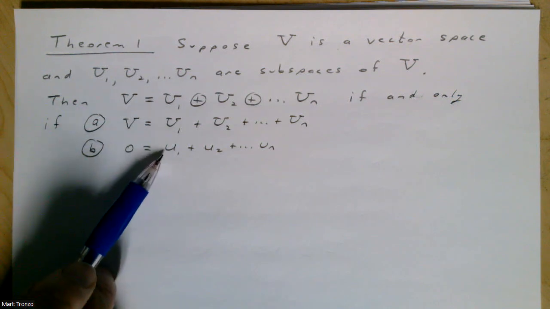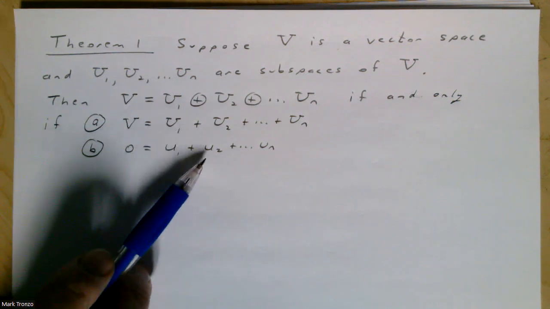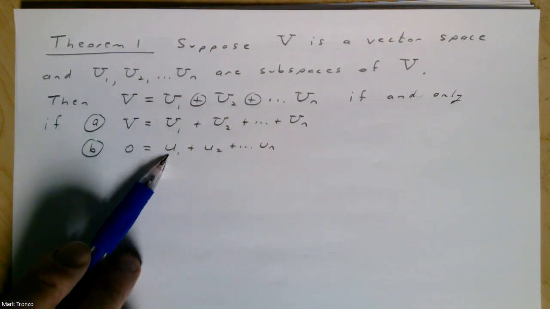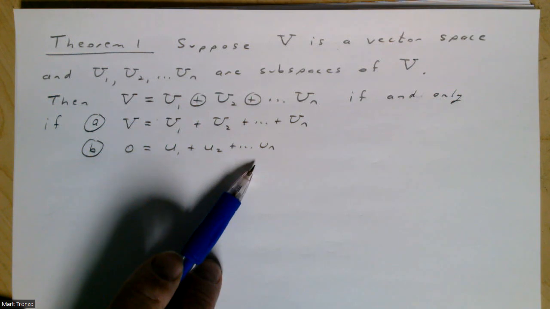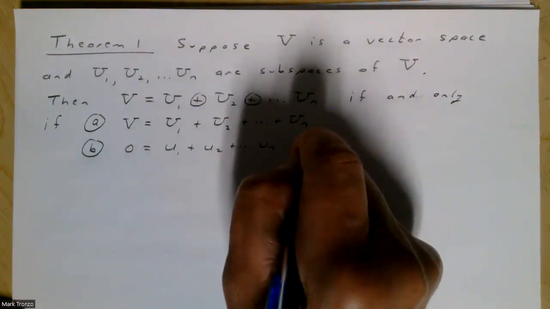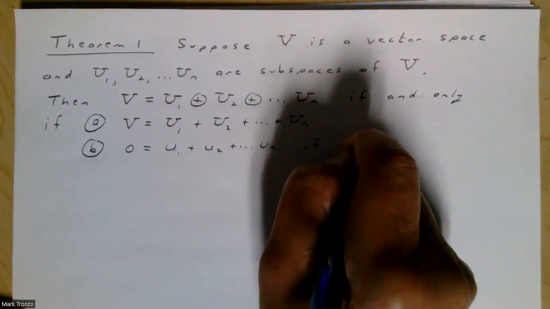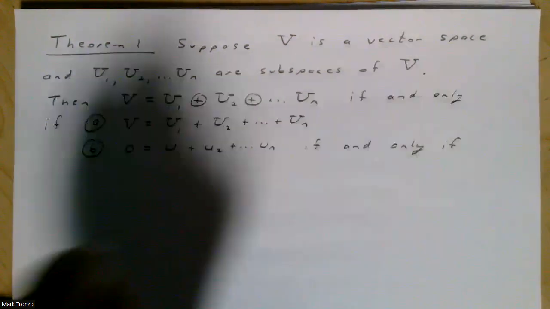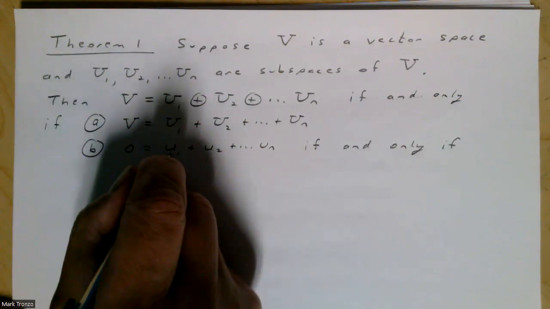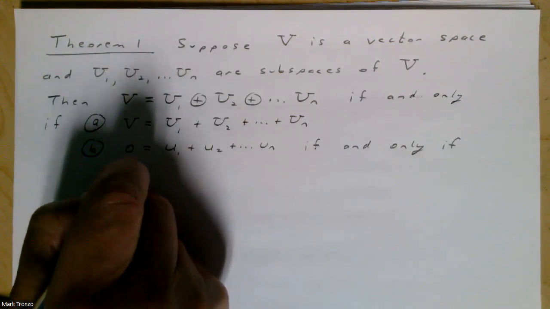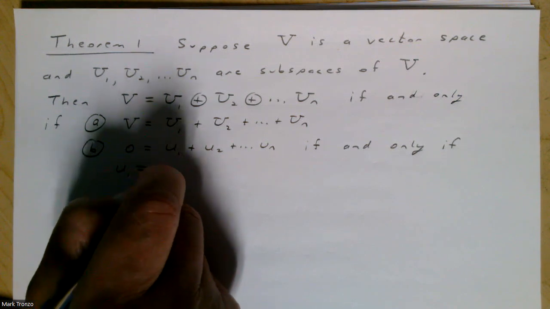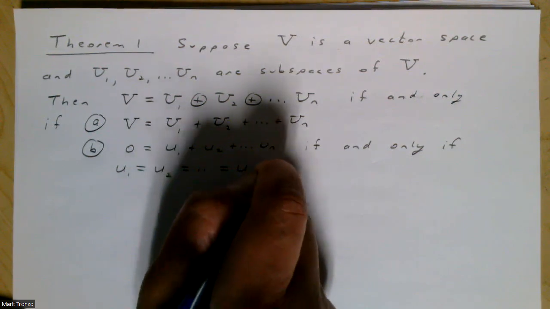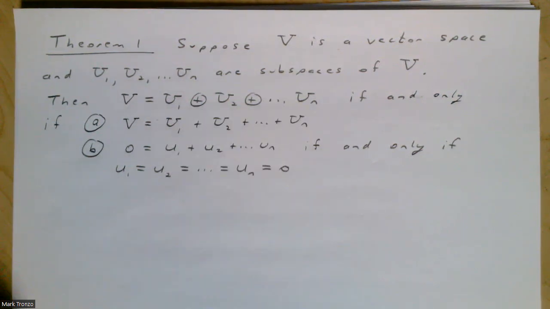Once again, each of these small u's are from each of these subspaces. So 0 equals this if and only if each of these u's is 0.